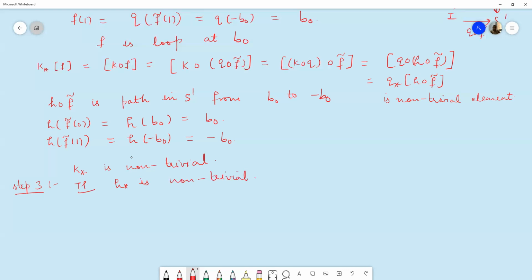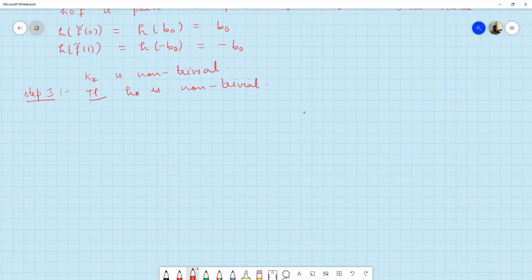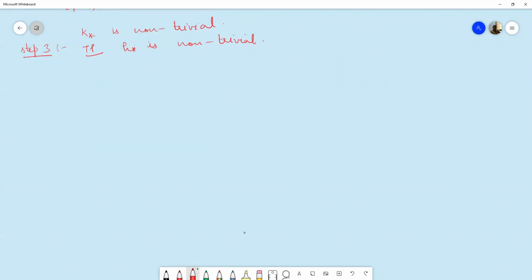Now, in the second step, we proved that K star is a non-trivial homomorphism, and K star is a homomorphism from Z to itself, the infinite cyclic group into itself. If it is non-trivial, then it is injective.